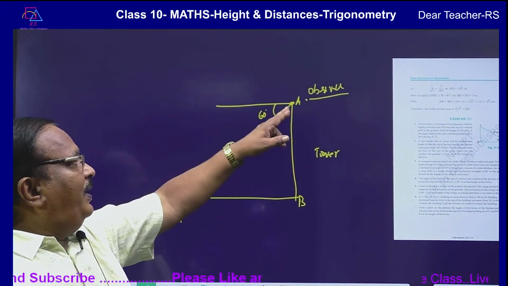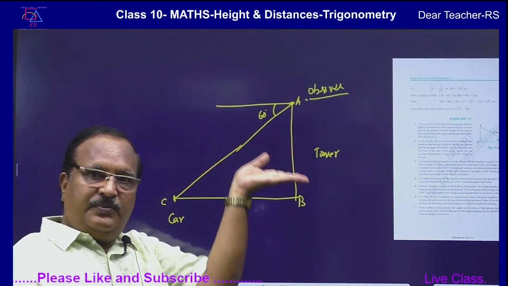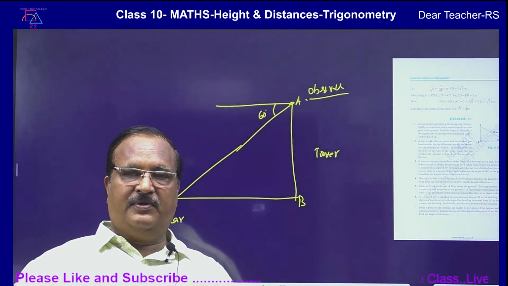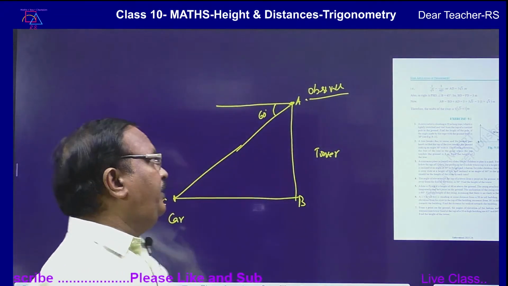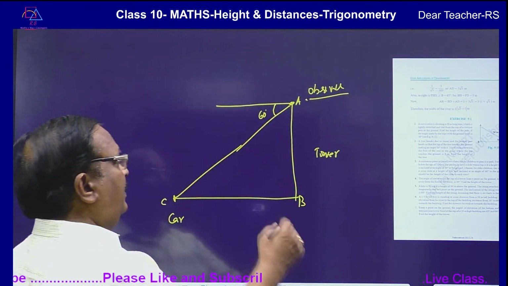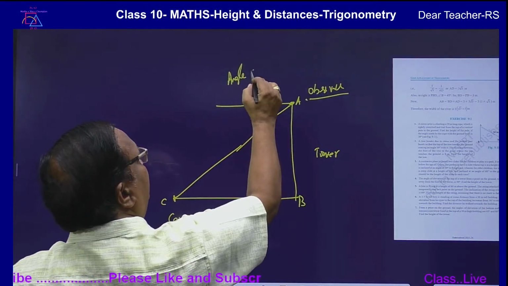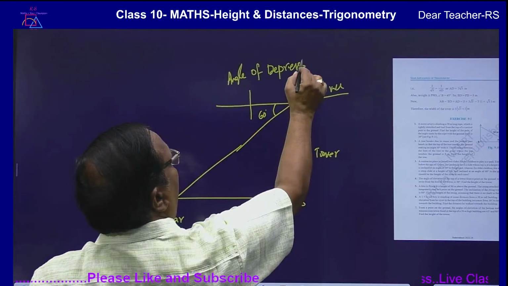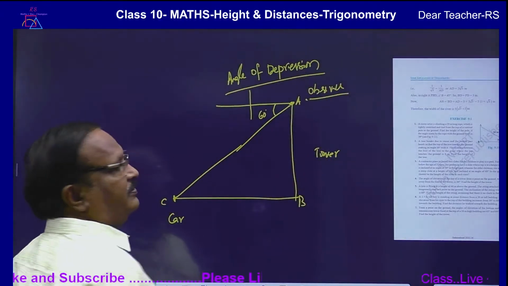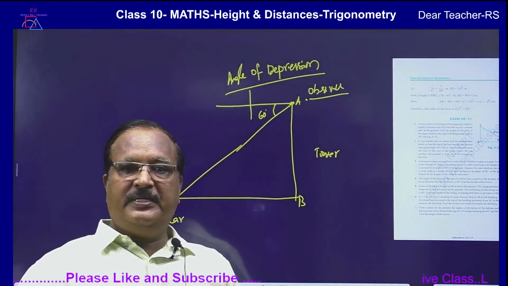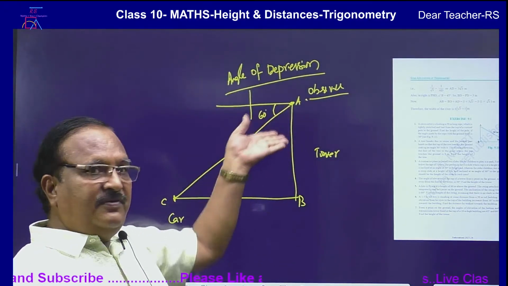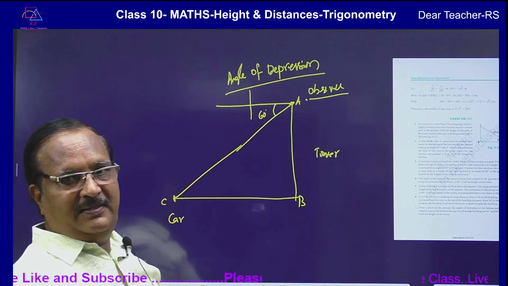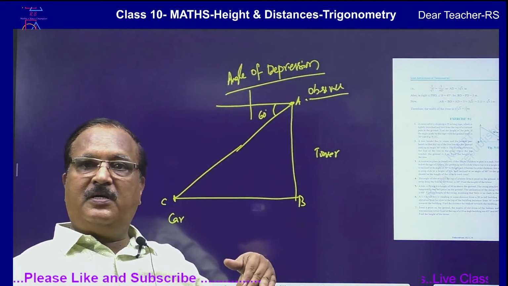So whenever an observer is observing down below his horizontal line, we call this angle as angle of depression. Angle of depression means the angle which is below the horizontal.